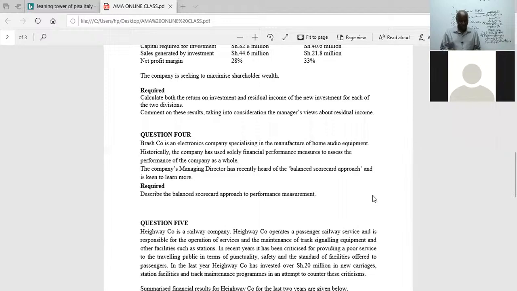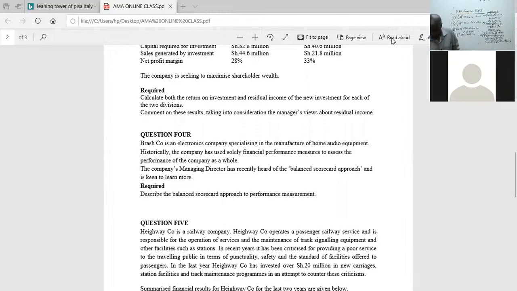Historically, the company has used solely financial performance measures to assess the performance of the company as a whole. The company's managing director has recently heard of the balanced scorecard approach and is keen to learn more. Describe the balanced scorecard approach to performance measurement.